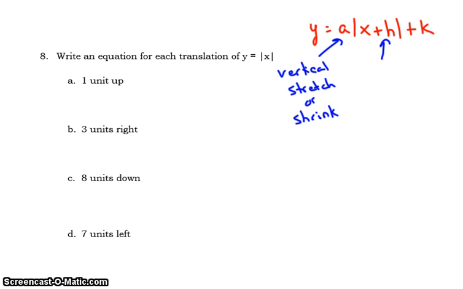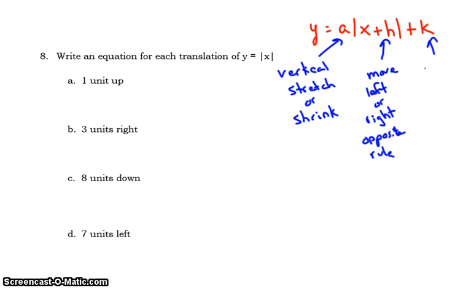If a number is inside the absolute value sign, that will move the function left or right using the opposite rule, meaning it's going to go in the opposite direction of the sign. So if it's positive, it's going to move the function left, and if it's negative, it's going to move the function right.